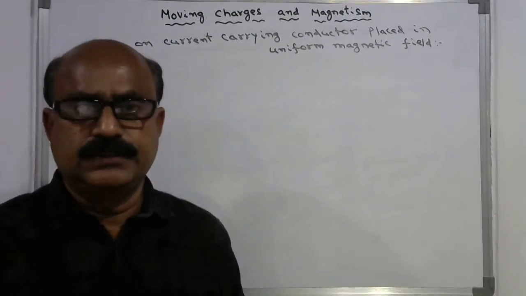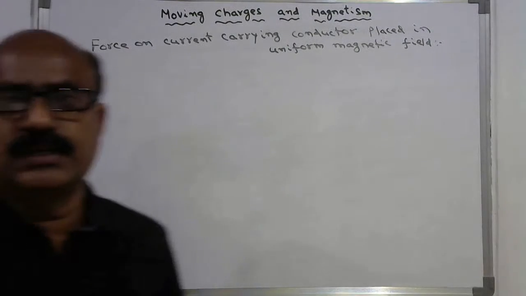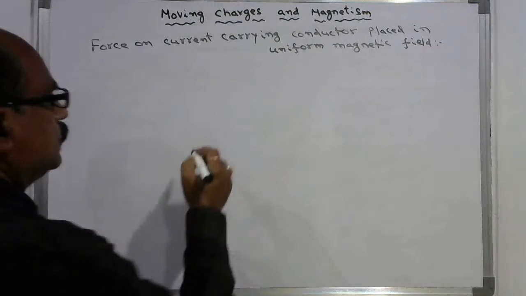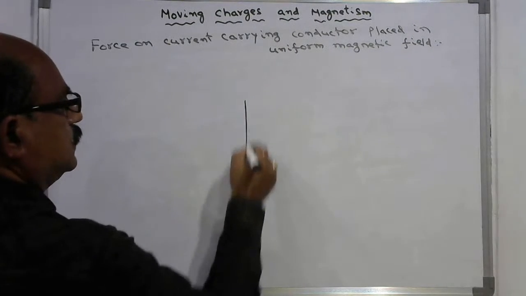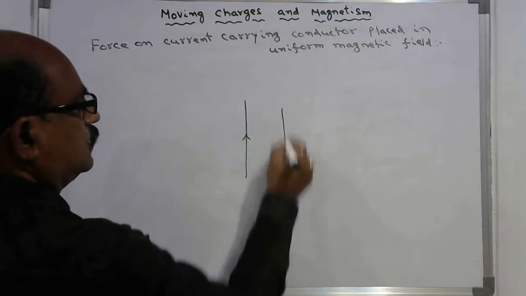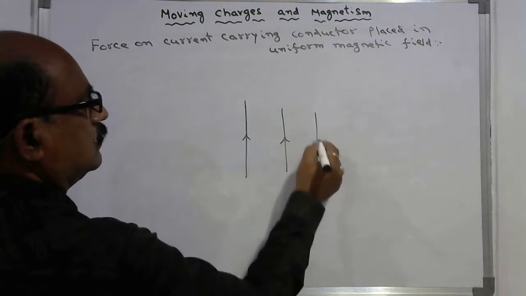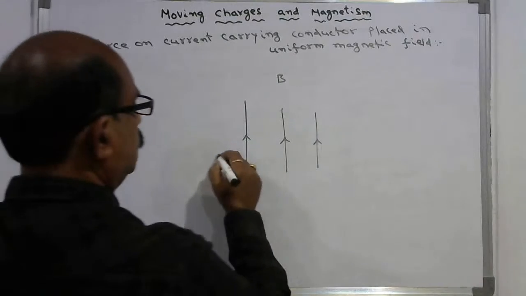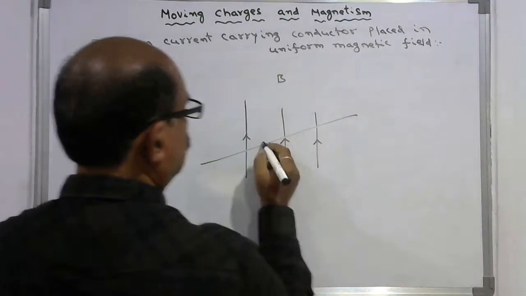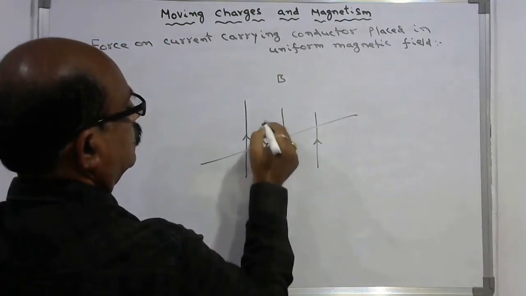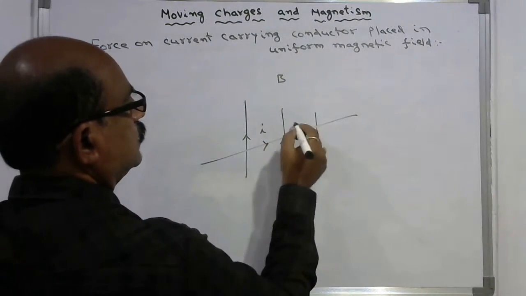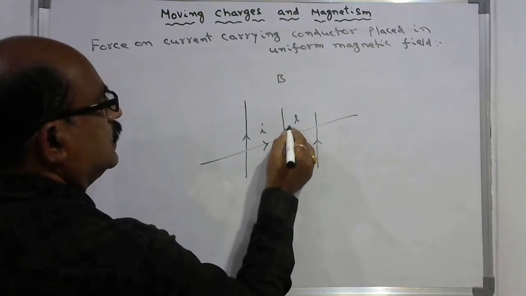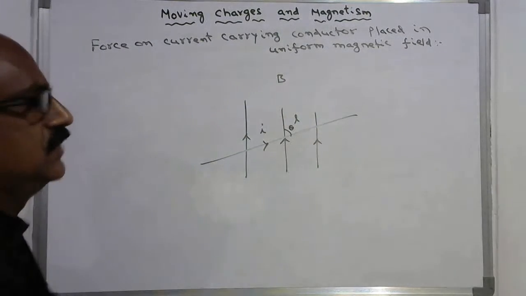Now let us observe the force on a current carrying conductor placed in a uniform magnetic field. Suppose you consider that this is the uniform magnetic field B, and the current carrying conductor carries current I, the length of the wire is L, which is making angle theta with the magnetic field.